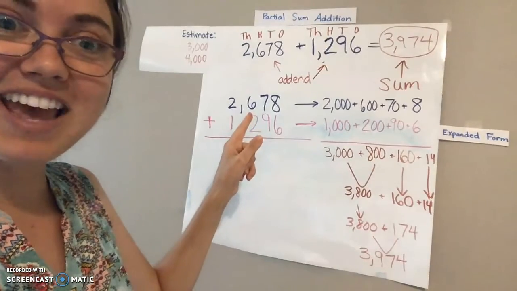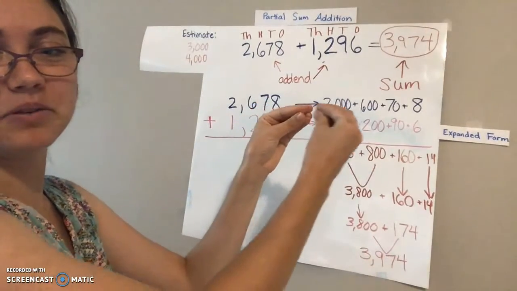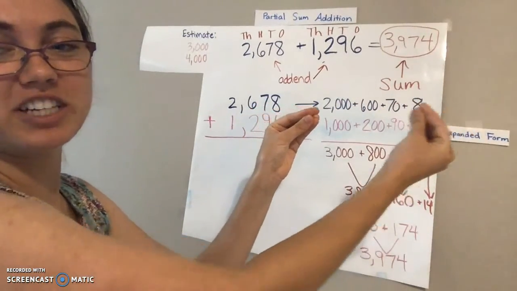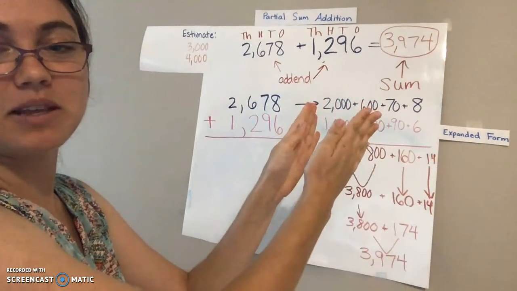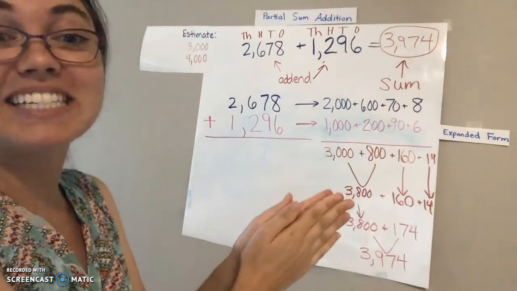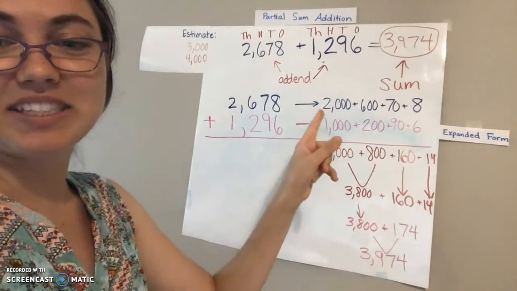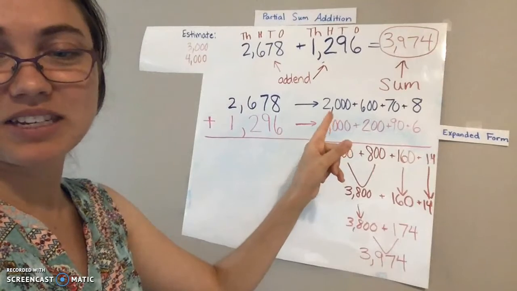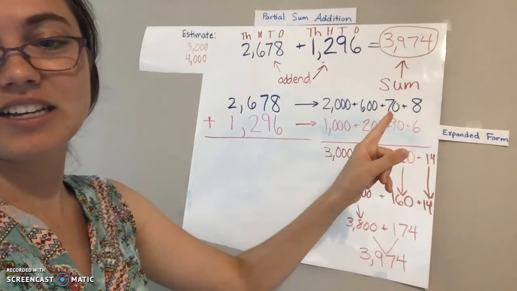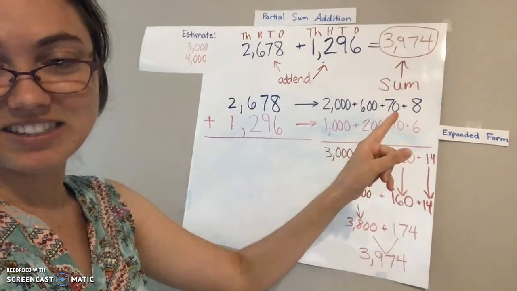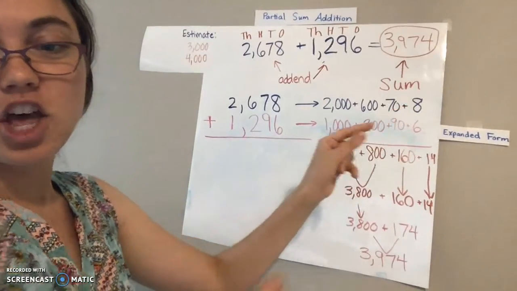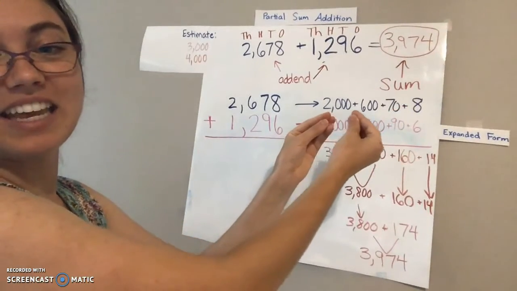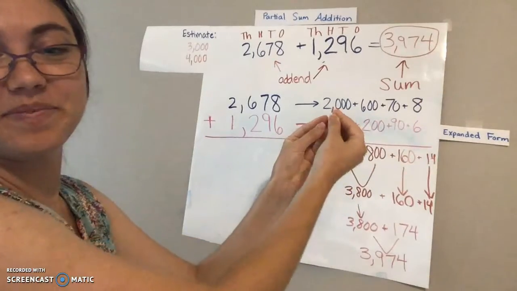What if we break down and decompose, and stretch out this number into its parts based upon place value? So we said, well, in this first addend, we had 2 thousands, 6 hundreds, 7 tens, and 8 ones. We wrote this addend in expanded form.